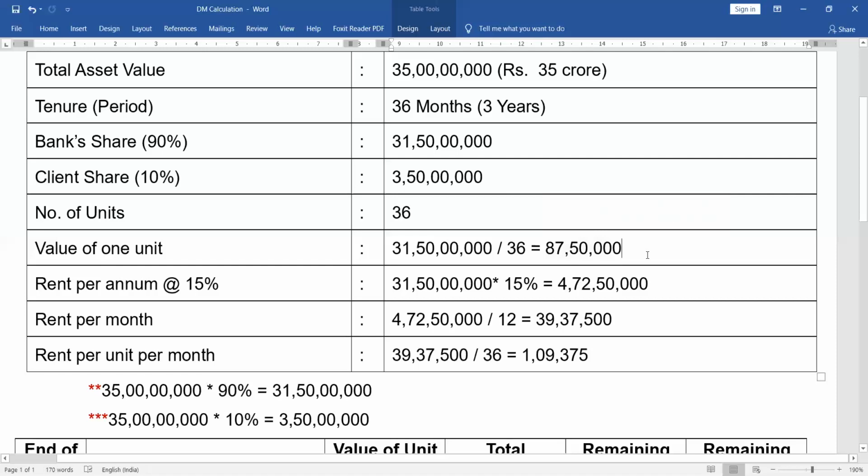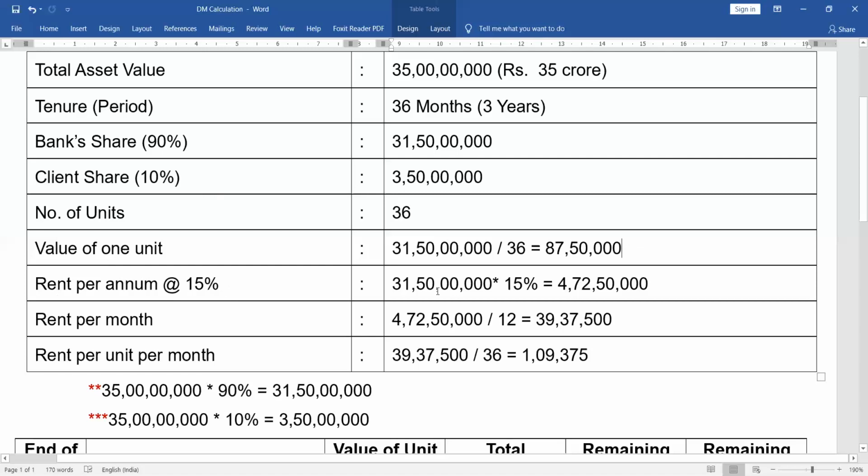Now we have to calculate rent, because during these periods, whatever the periods are, the bank will lease its share to the customer, and in return the bank will receive rent. Suppose there is an agreement between the bank and the customer where the rent will be charged at 15% per annum.